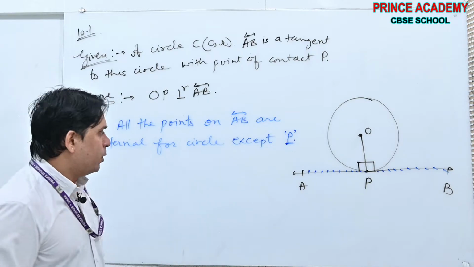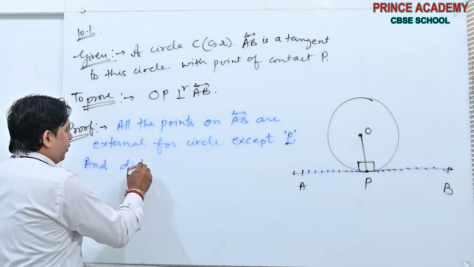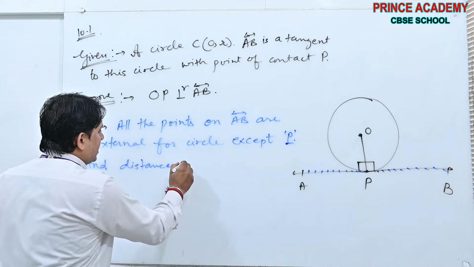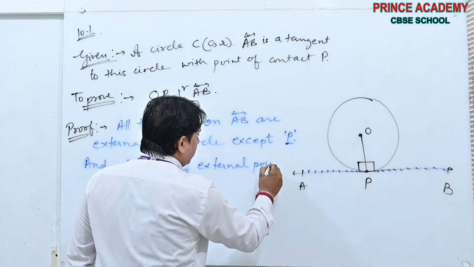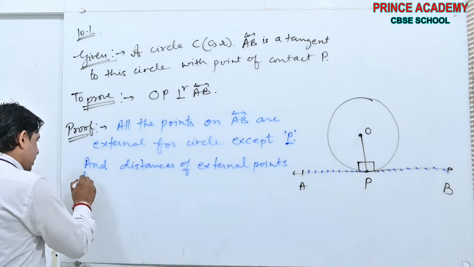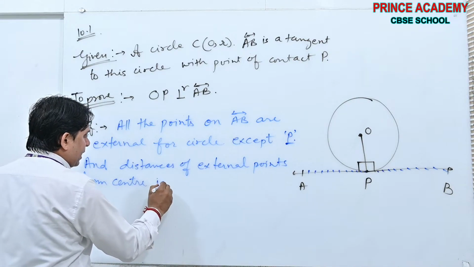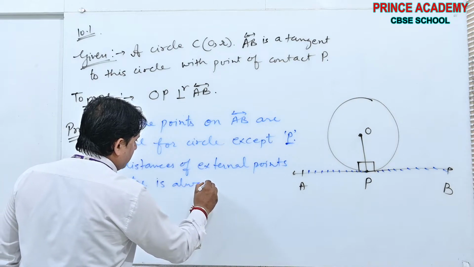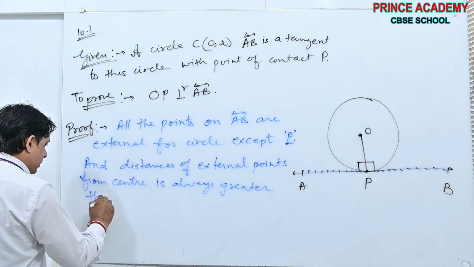Done? One more thing. And distances of external points from the center are always greater than the radius.